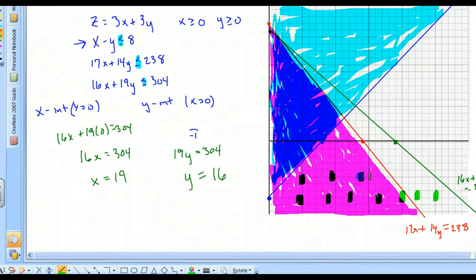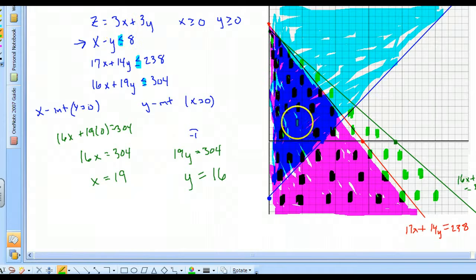So all of this is in the green, underneath the green line, all the way through. So here's what it looks like when we're done.